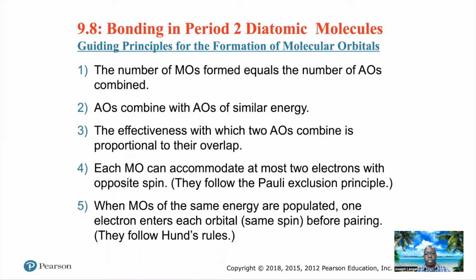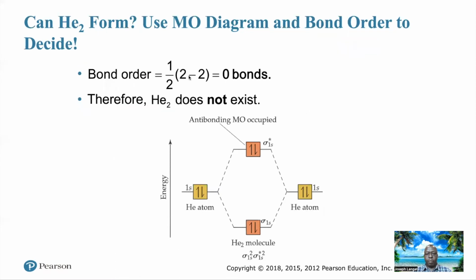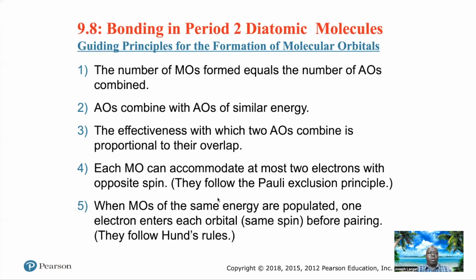So if you have one atom with its atomic orbitals, and the other atom with its own atomic orbitals, when you combine them, it should give you an equal number of molecular orbitals. 1 plus 1, we have 2, so we end up with 2 molecular orbitals.